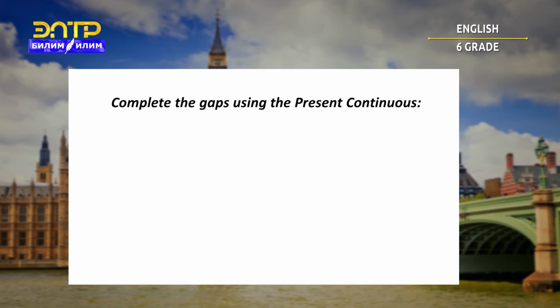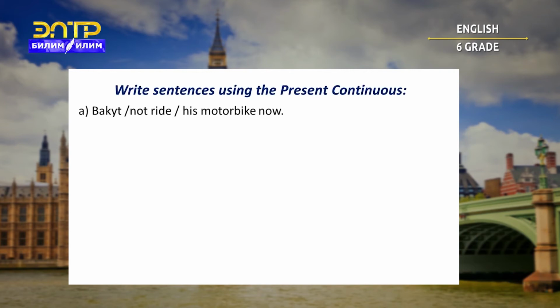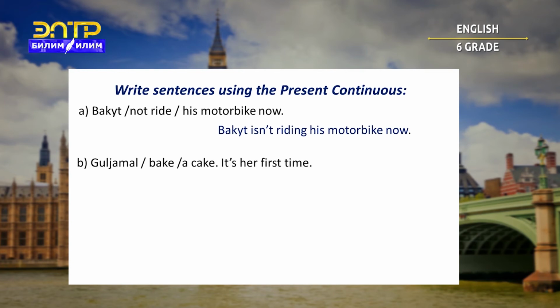Now, complete the gaps using the present continuous. A. Bucket not ride his motorbike now. Bucket isn't riding his motorbike now. B. Gul Jamal bake a cake. It's her first time.